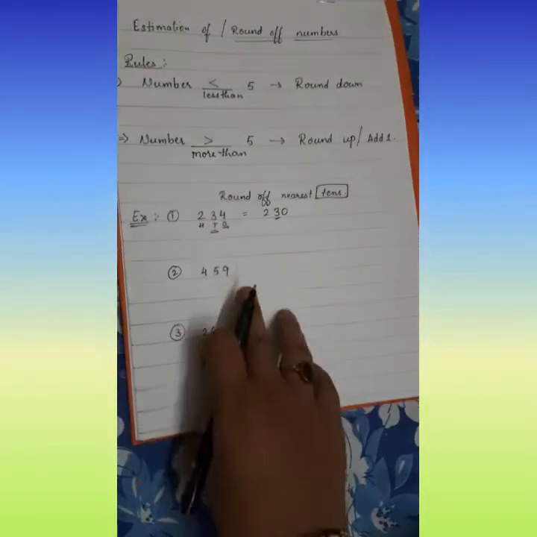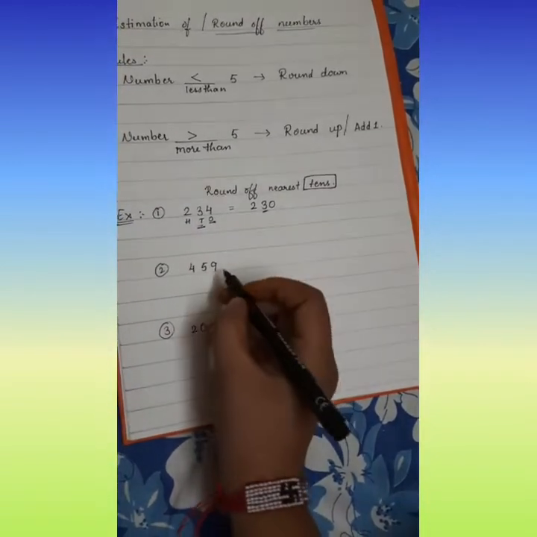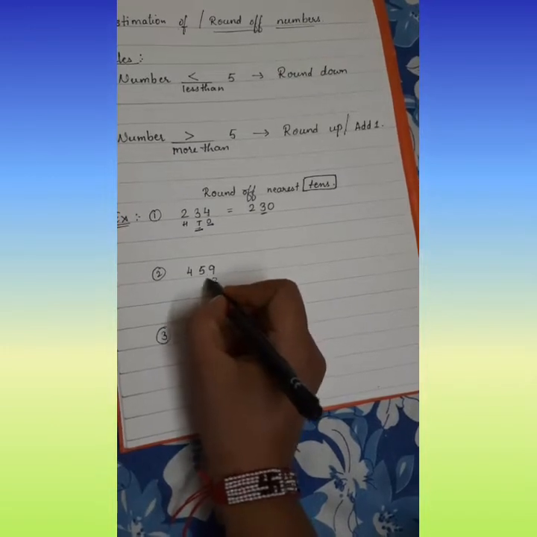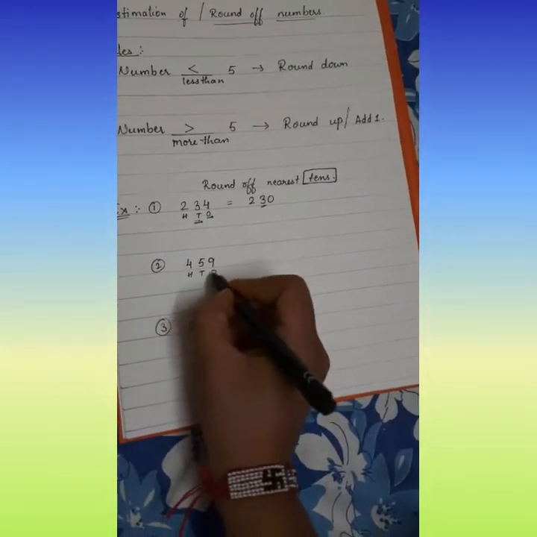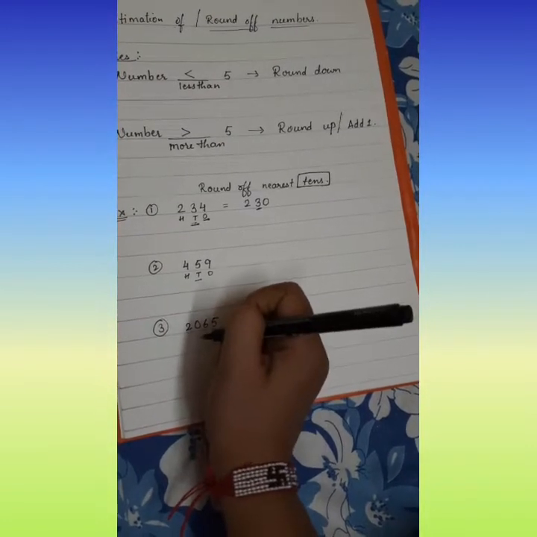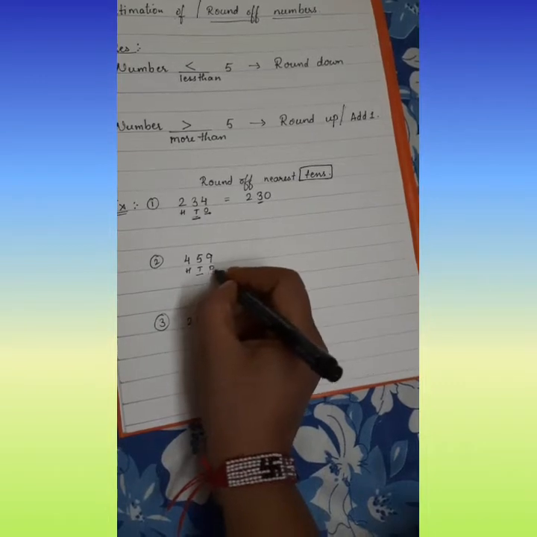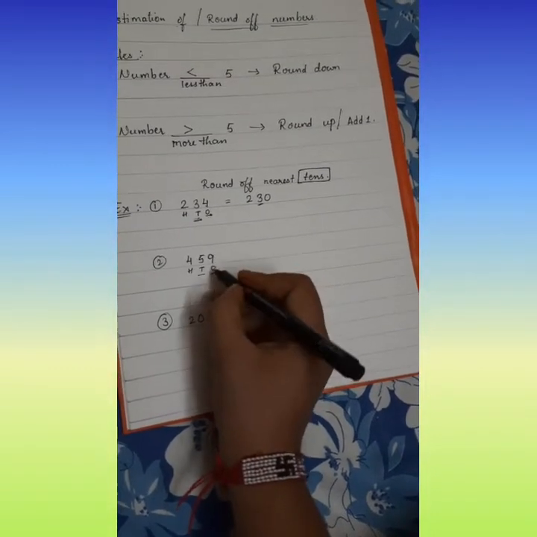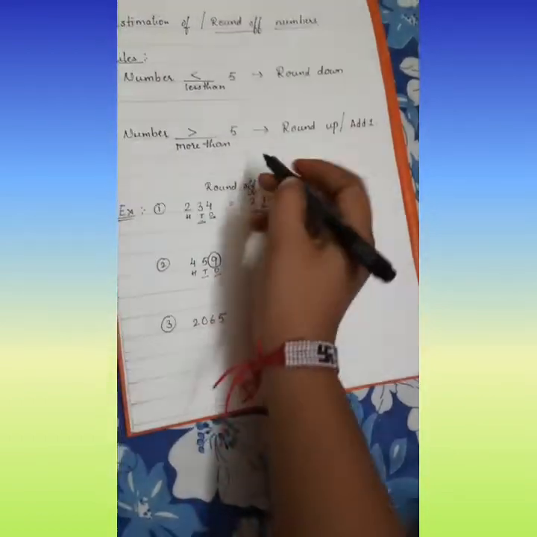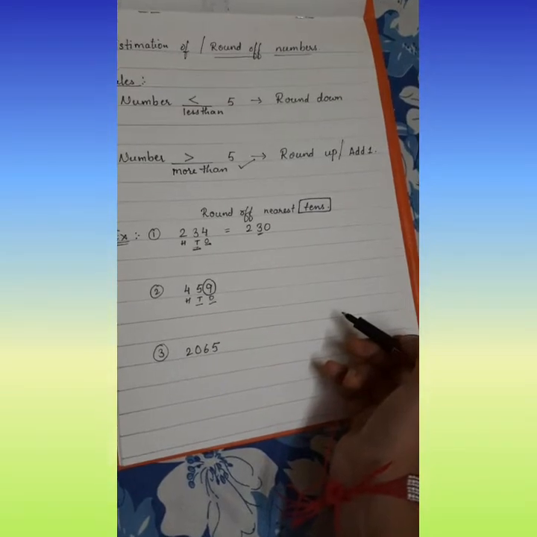Now suppose the question is the same, round off to the nearest tens, and the number given to you is 459: ones, tens, hundreds. Now we have to see tens. For changing at the tens position, we have to look at the ones. At the ones position we can see 9 is greater than 5.